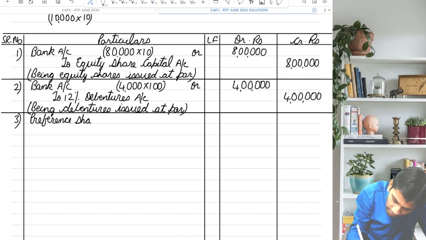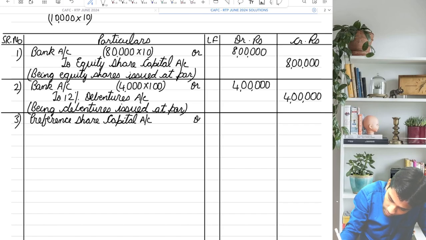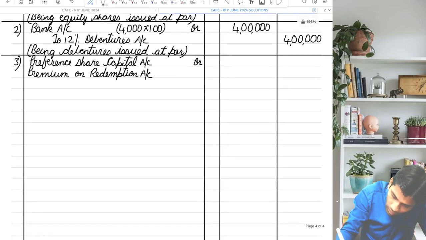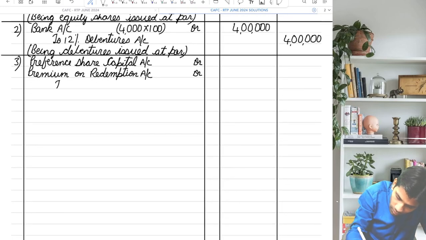Preference share capital account debit. Premium on redemption account debit. To preference shareholders.